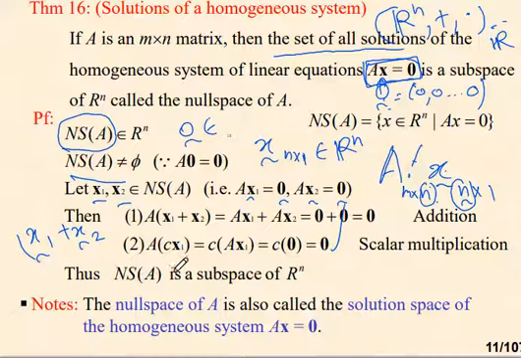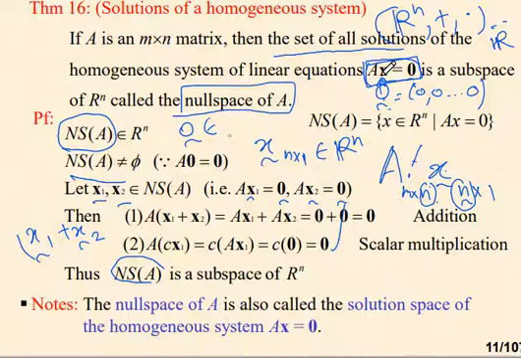Therefore, the set of all solutions to this homogeneous system is a subspace of R^n. This is called the null space of A. Null space of A means the set of all solutions to this homogeneous system.